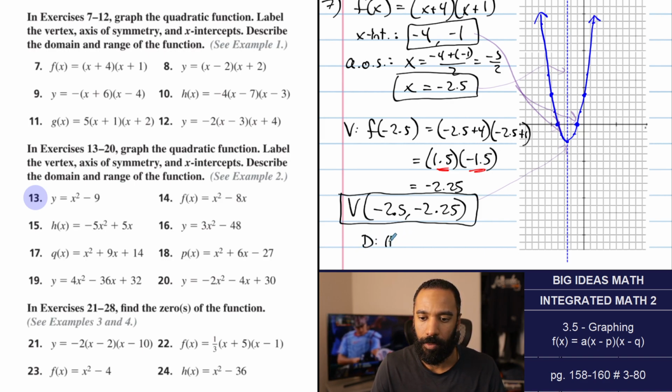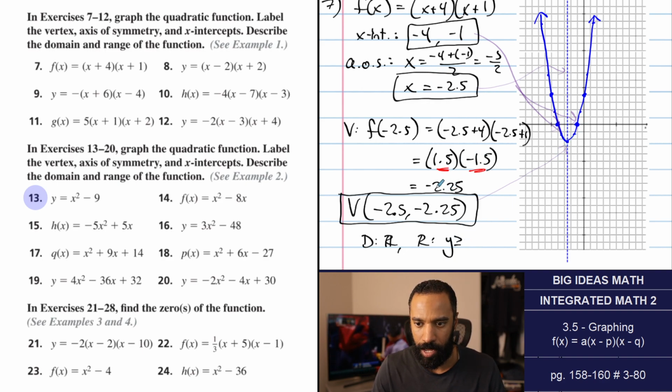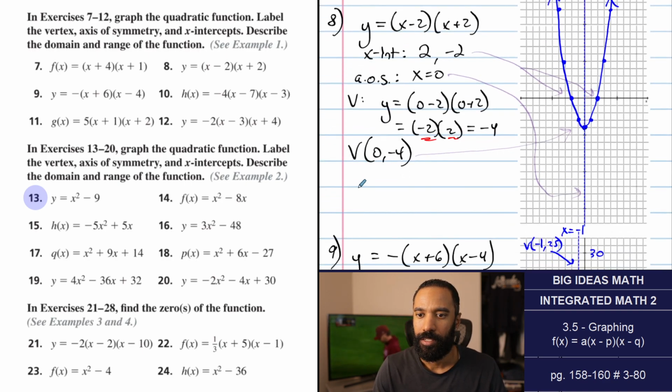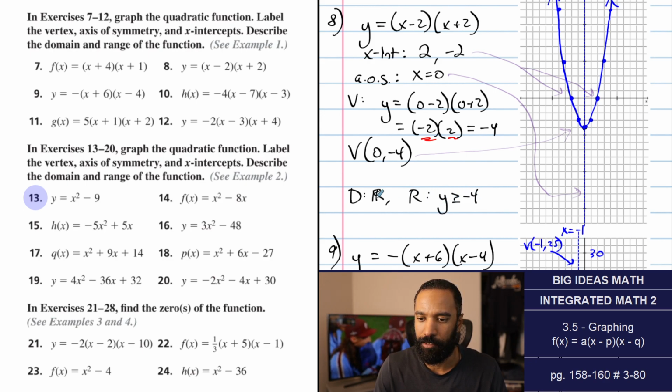Domain, all real numbers. Range, it's going to be based on your vertex. Y is greater than or equal to negative 2.25. Okay? Sorry about that. Number 8. Domain, all real numbers. Range, y is greater than or equal to negative 4.